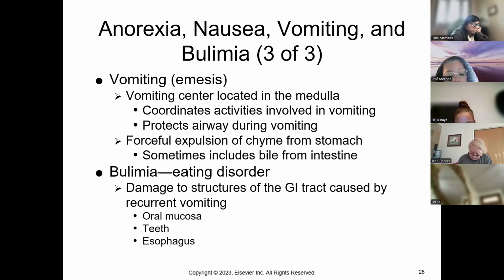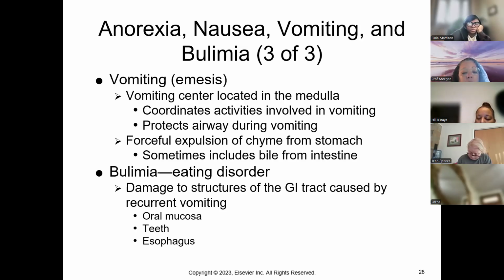So it can cause damage to the oral cavity or the teeth, because the vomiting causes acid to wash up against and lay on those teeth. In addition to visible damage to the structures of the oral cavity, it can cause tears in the esophagus, constipation, diarrhea, and electrolyte or nutritional imbalances and deficiencies.